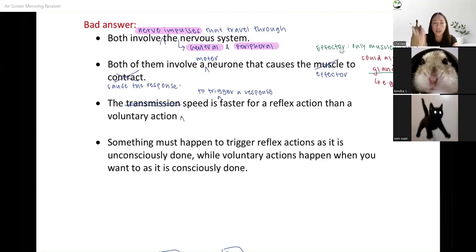Number one, it's the pathway that your nerve impulses take is the shortest. The pathway that your nerve impulses travel is always the shortest possible pathway for a reflex action. So it's not about the speed, it's about the distance. Understand?